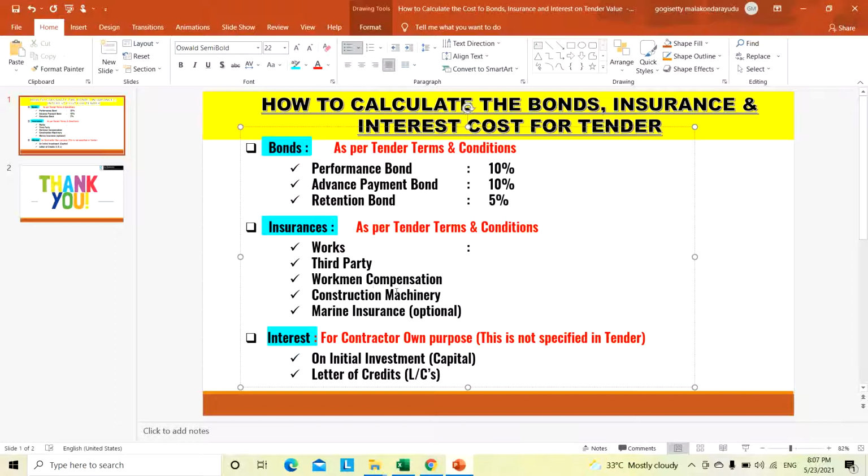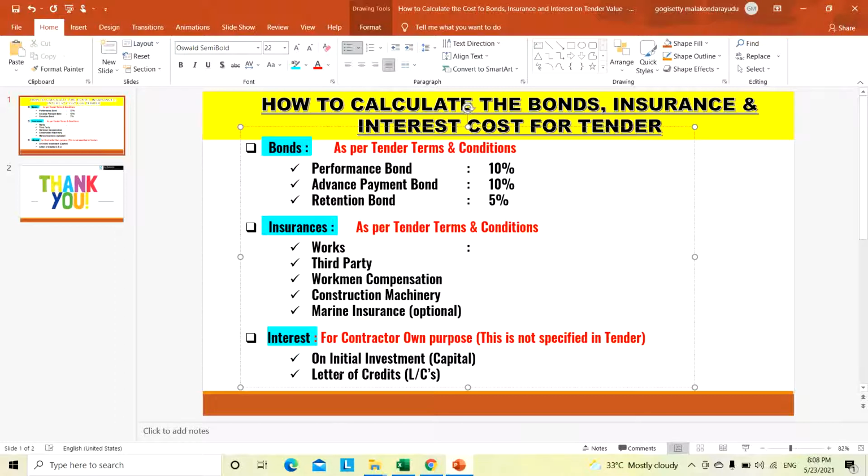Then interest. This is not part of the tender terms and conditions; this is the contractor's own purpose and is not specified in the tender. Suppose for the initial investment, for the first 3 or 4 months, we will get money from the banks. Banks will not give money simply, so the bank will charge some interest.